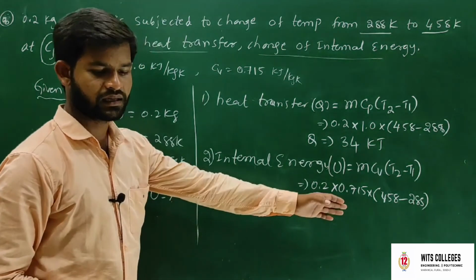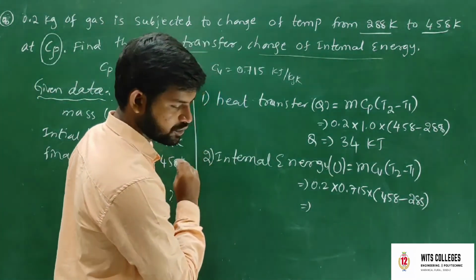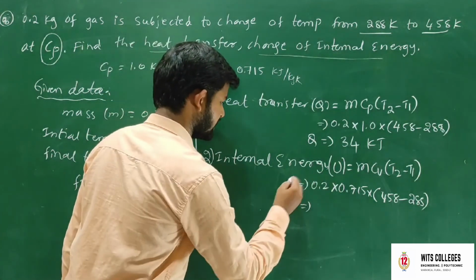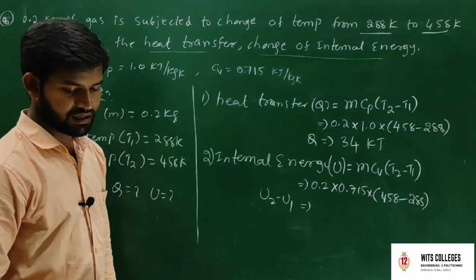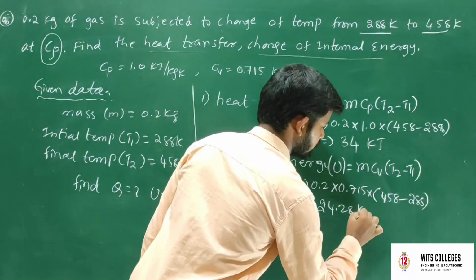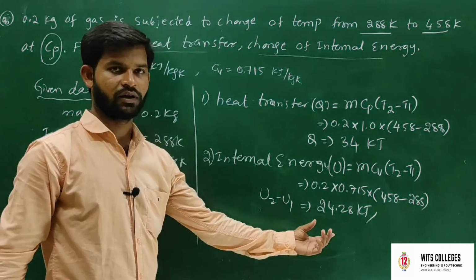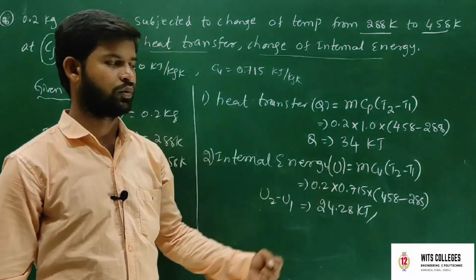In the calculator, we get the change in internal energy, U2 minus U1, approximately 24.28 kilojoules.